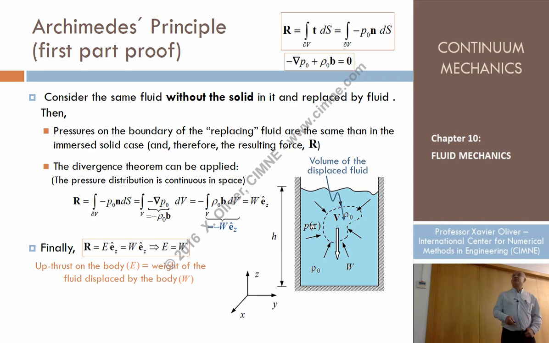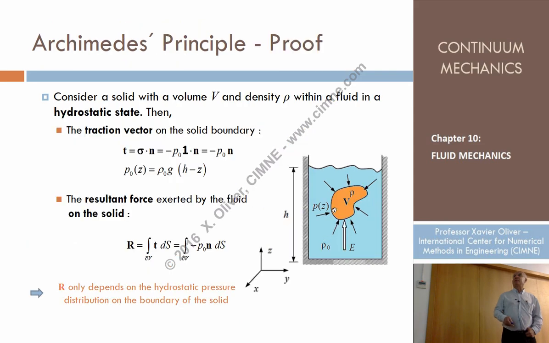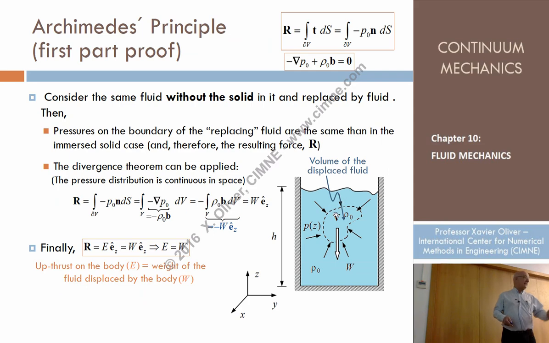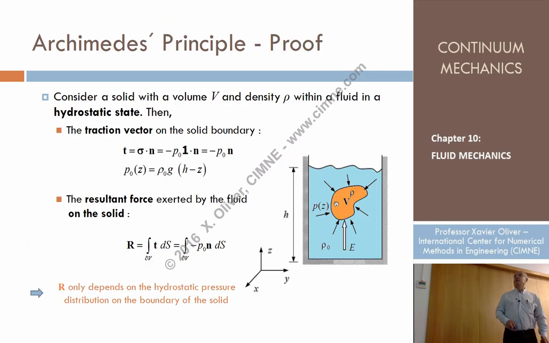Well, since the pressure on the boundary that we are considering just depends on z, the distribution of pressures will be the same as in the original problem. So we can say that these forces here and these forces in that additional problem are the same. The pressures are the same. So the integral, the resultant of these forces in that case, is equal to the resultant of the forces in the original problem, which is what we wanted to compute.